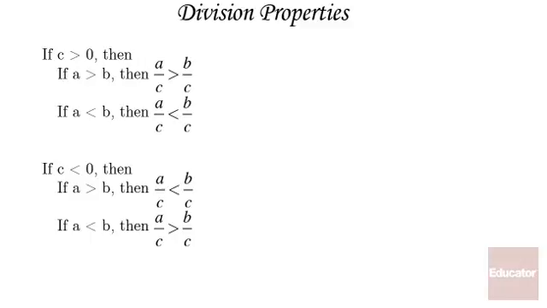If you are dividing both sides of an inequality by a positive number, the resulting inequality has the same solution set as the original. That's only if it's for a positive number. So 15 is greater than 20. If I wanted to divide both sides by 5, I could do that. And I don't need to do anything to the inequality. I just keep it the same. And that's going to give me 3 is greater than.